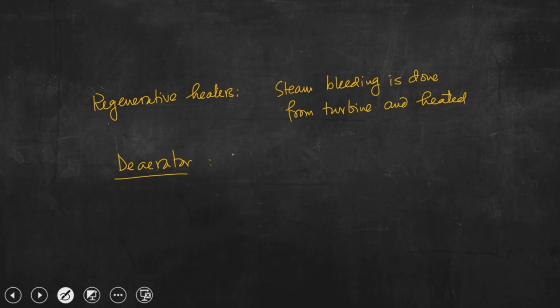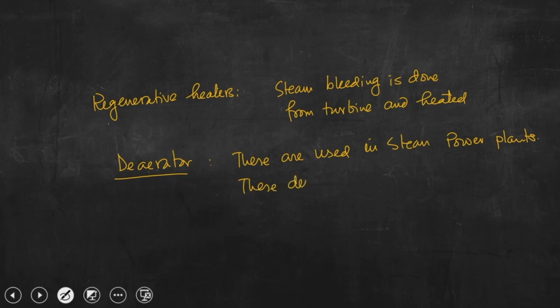Deaerators are used in steam power plants. These devices are used to extract dissolved air from water.